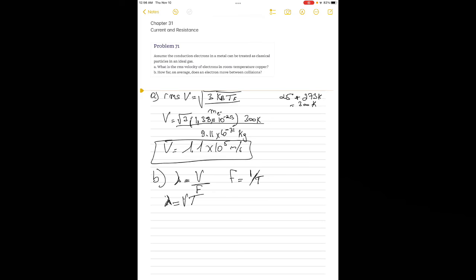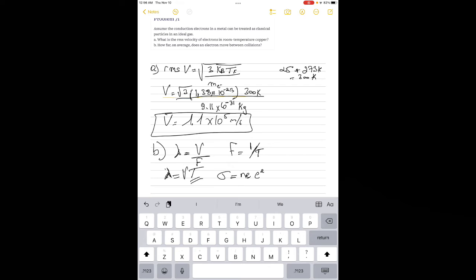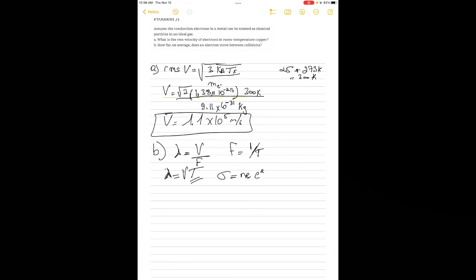And to find the time we can use the conductivity formula, which is Ne, where Ne is the conduction electron density of copper, multiplied by the electron charge squared, multiplied by the time, divided by the mass of the electron.